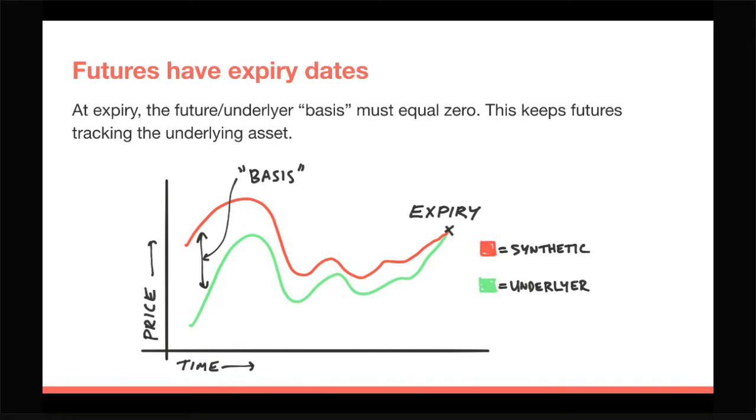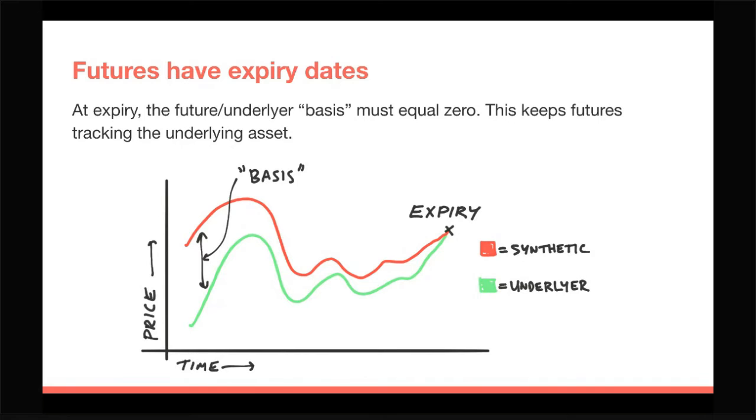So the thing that's kind of interesting to point out here is that before that expiry date, it's actually quite possible for the synthetic to trade at a different price than its underlying asset. And in traditional finance, this is called the futures cash basis, the basis being the difference in price between the synthetic and the underlier.